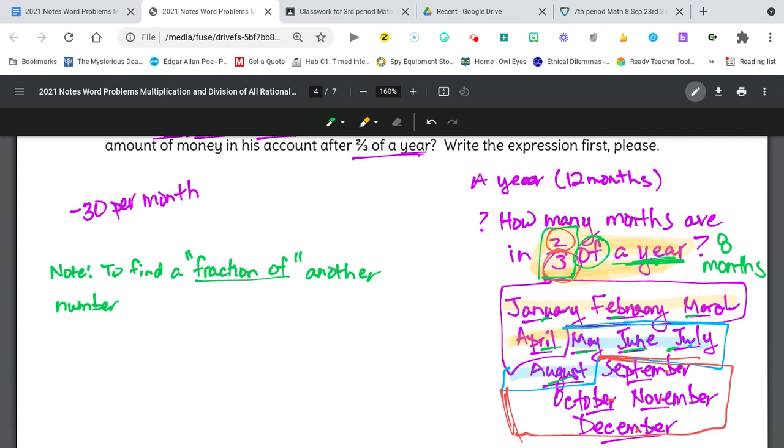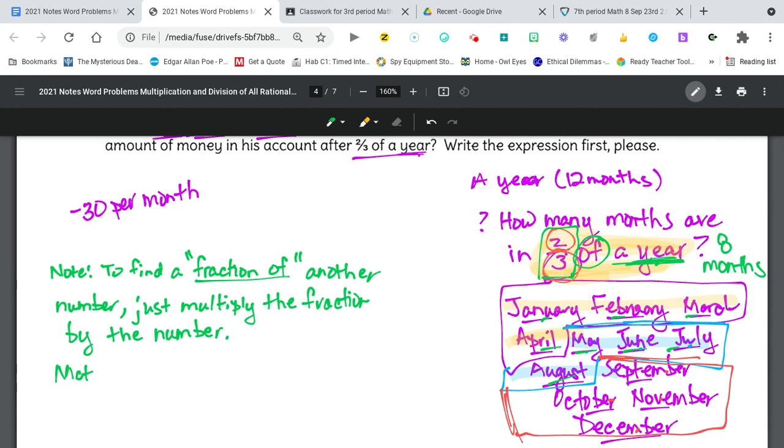But to find a fraction of another number, just multiply the fraction by the number. That's all you do.